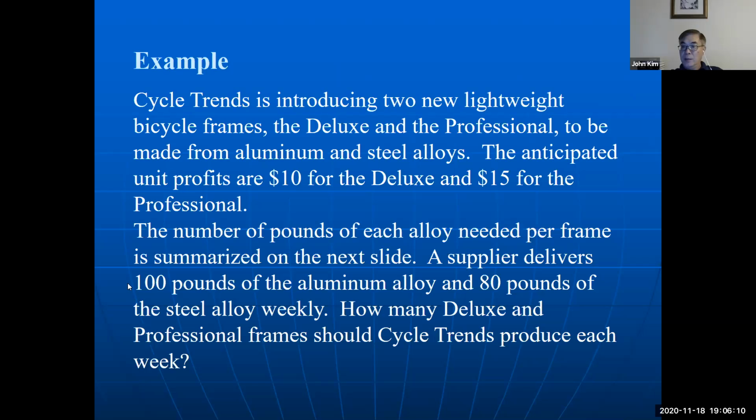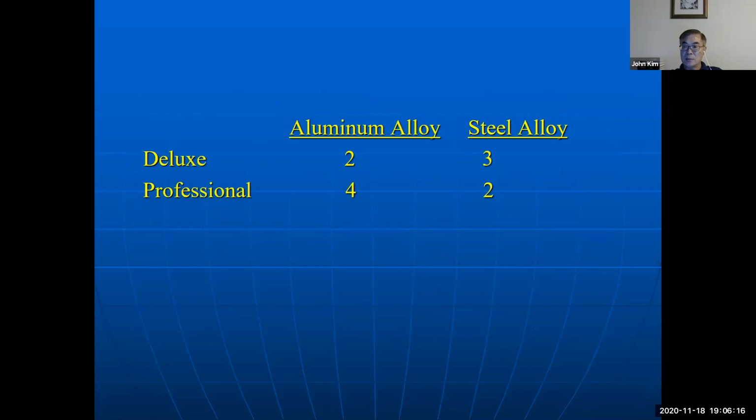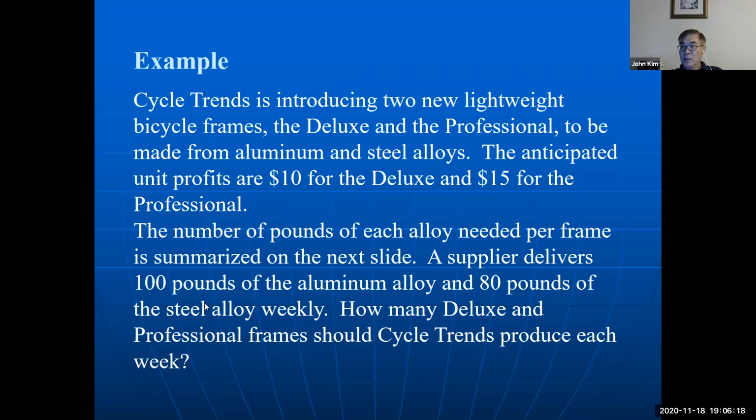The number of pounds of each alloy needed for a frame is summarized on the next slide like this. The supplier delivers 100 pounds of aluminum and 80 pounds of steel alloy weekly. Then the question is how many deluxe and how many professional frames should this company produce to maximize profit?